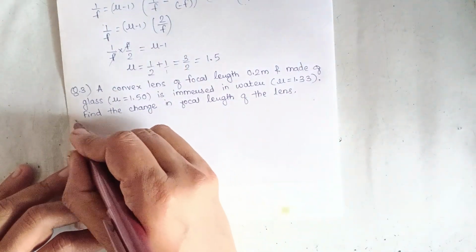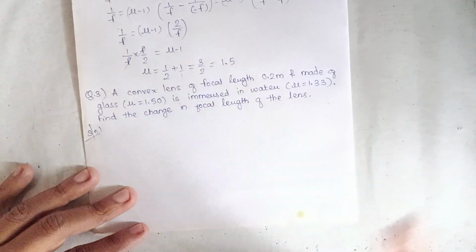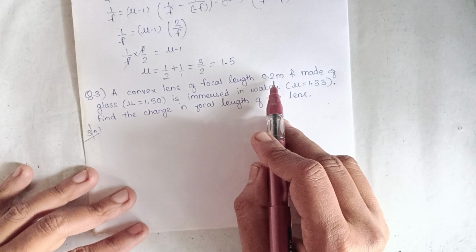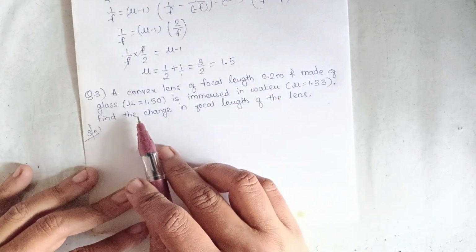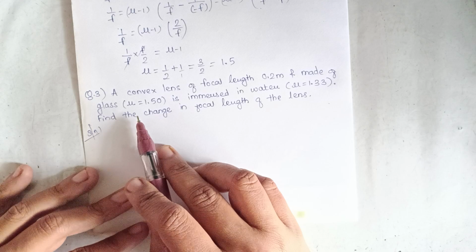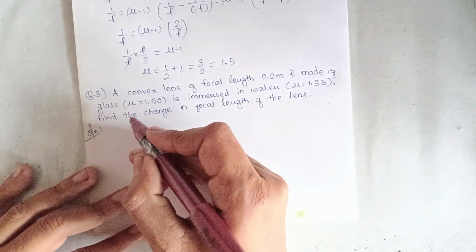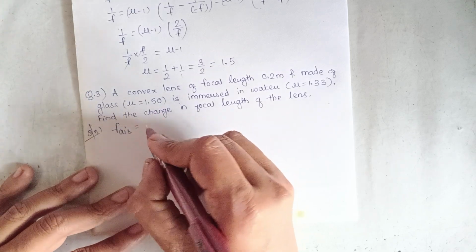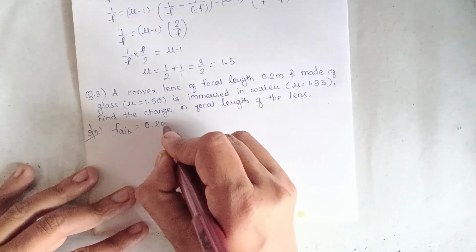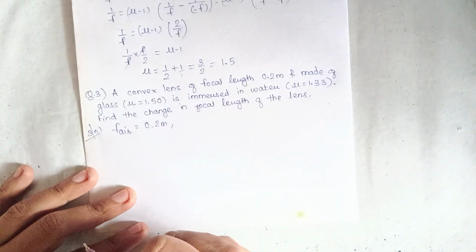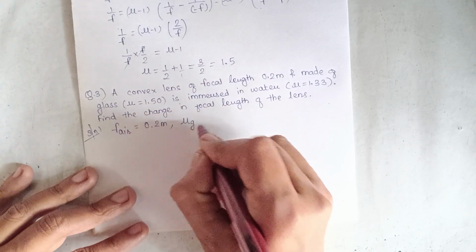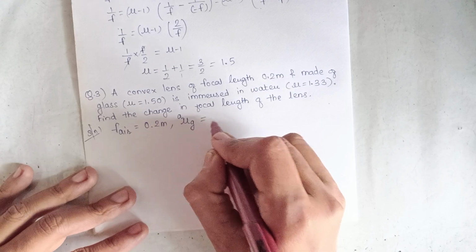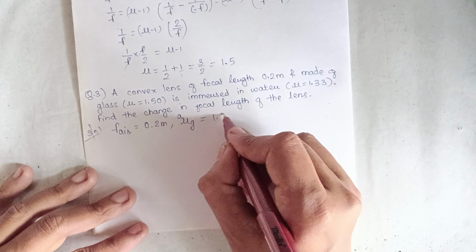Whatever is given, first you write that. So convex lens it is. The focal length is given, and this is immersed in water. With respect to air it is given, so the focal length in air is 0.2 meter, then the refractive index of glass with respect to air is given, which is 1.50.